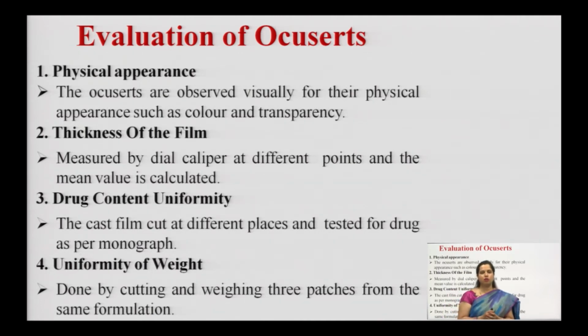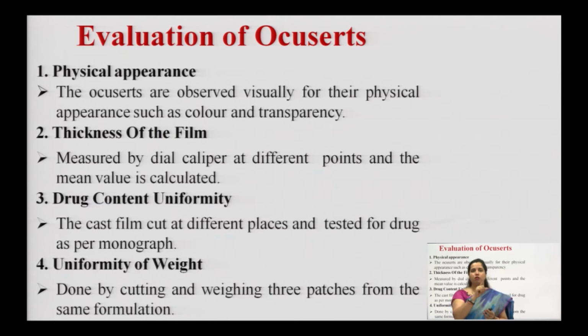Now, drug content uniformity: the cast film is cut at different places and tested for drug content as per the monograph. The monograph or the reference is provided in the Indian Pharmacopoeia, US Pharmacopoeia, British Pharmacopoeia. So, in whichever reference the monograph for that particular drug is available, you have to check the procedure, and finally check that the drug is uniformly distributed all over the area of the ocusert.